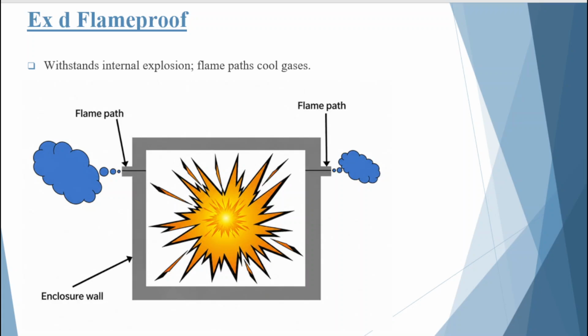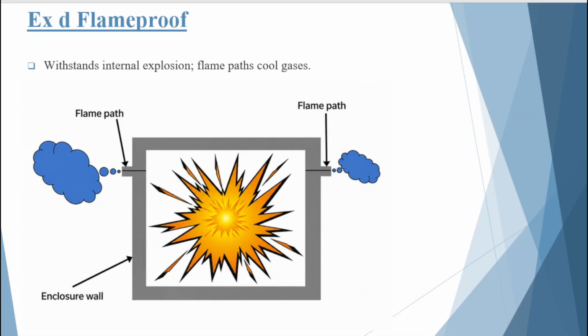However, in an Ex d flameproof enclosure, this does not happen. The enclosure is built with strong mechanical construction so that it can safely withstand the pressure generated by the internal explosion without rupturing.